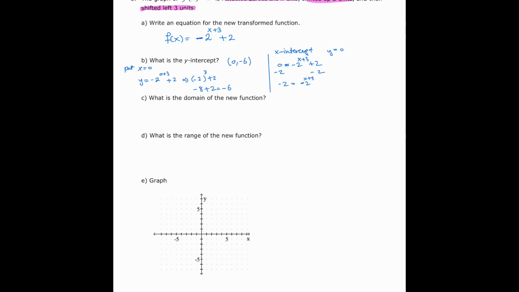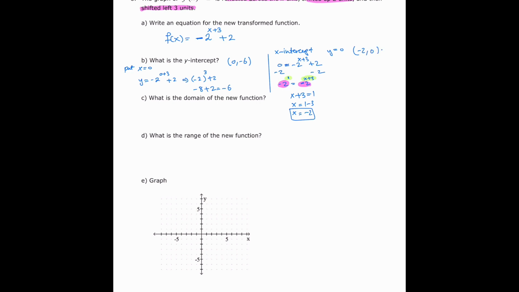Notice that we have the same base, so I'm going to make the exponents equal. The exponent here is equal to the exponent here, which, if it's not written, is 1. So x plus 3 equals 1. So x equals 1 minus 3, x equals -2. So the x-intercept is (-2, 0).